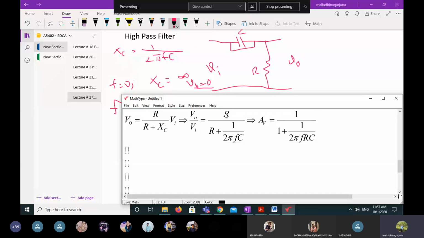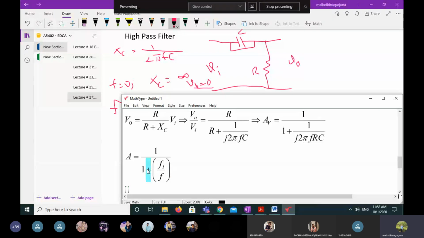So finally, AV equals 1 divided by 1 plus, and here the J term is there, the imaginary term, and it comes to minus J, so f by f, where FL equals 1 by 2 pi RC.